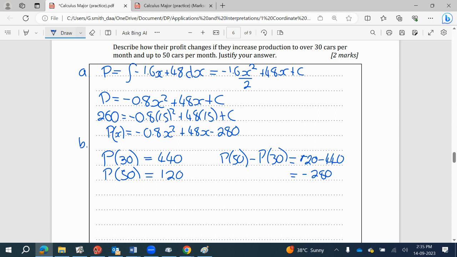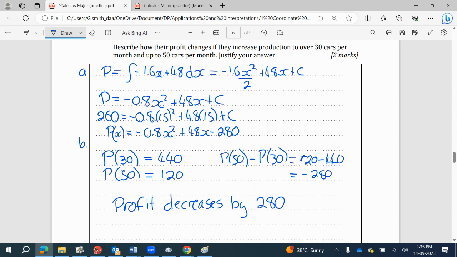Yeah. So this minus 120, we need to turn that into words. What has happened here in terms of words? So profit goes down. Is that the best word? Decreases. So profit decreases by how much? No. This isn't 280.